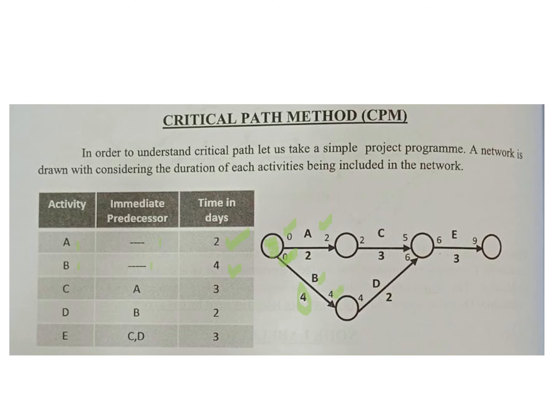The difference between 4 and 0 is 4 days. Similarly, all the activities are labeled: activity C requires 3 days for completion, activity A requires 2 days, activity B requires 4 days, activity D requires 2 days, activity E requires 3 days. So this is the long and short of it.